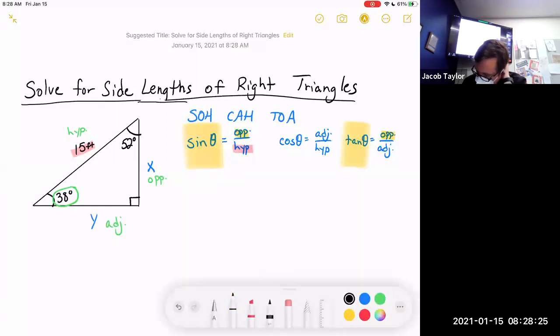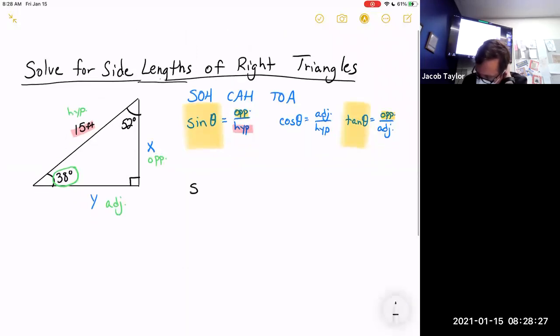So here's what it's going to look like. It's going to look like sine of the angle. The angle is 38 degrees equals opposite over hypotenuse, which would be x over 15.